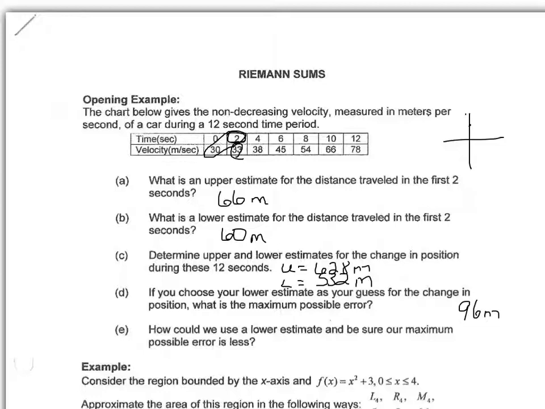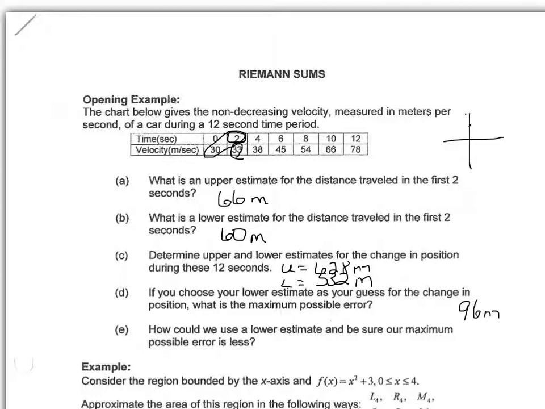How could we use a lower estimate and be sure our maximum possible error is less? Okay, you could take the average, but what could we do to ensure that we have less error? Make it 1 second intervals? You could decrease your intervals.